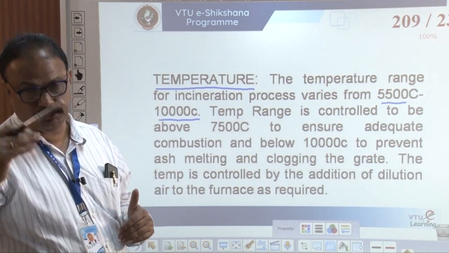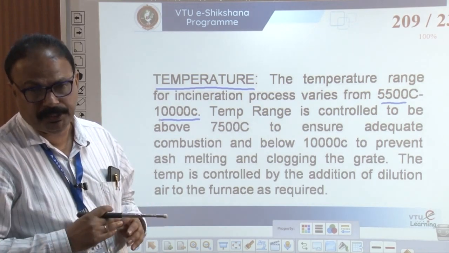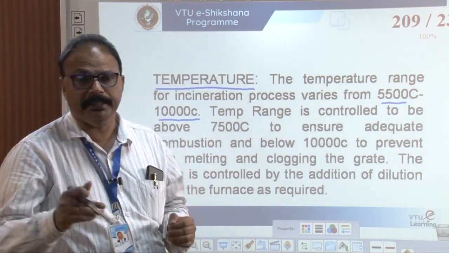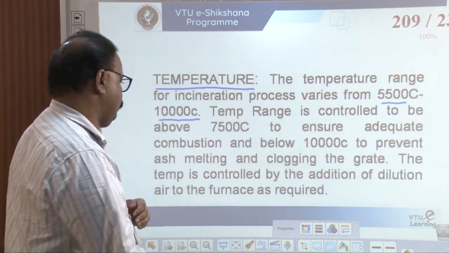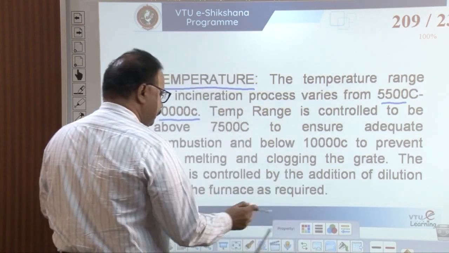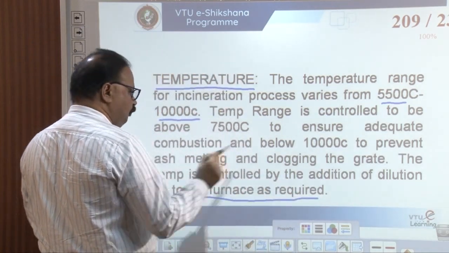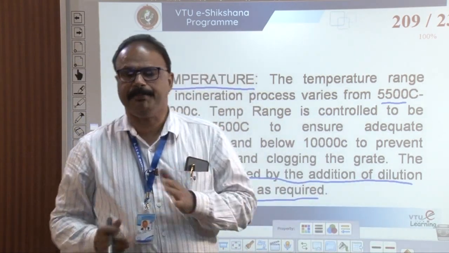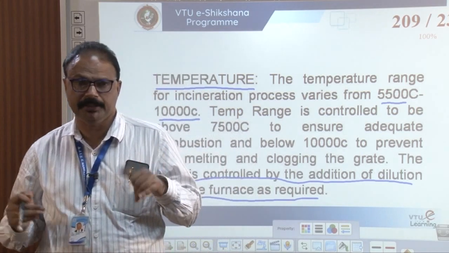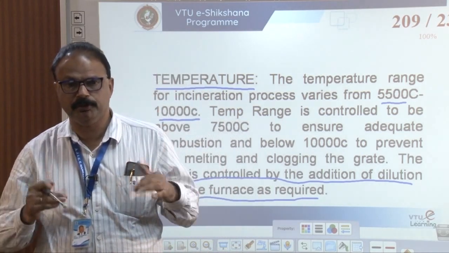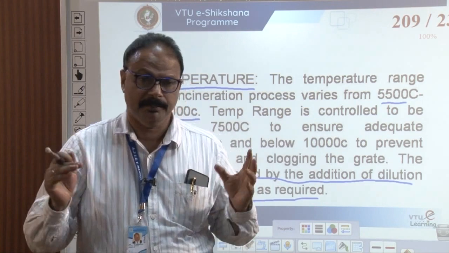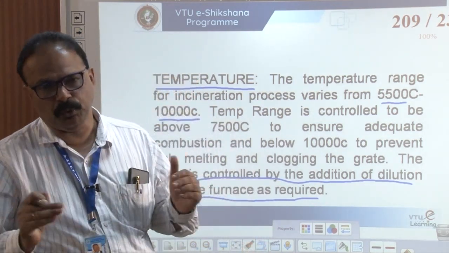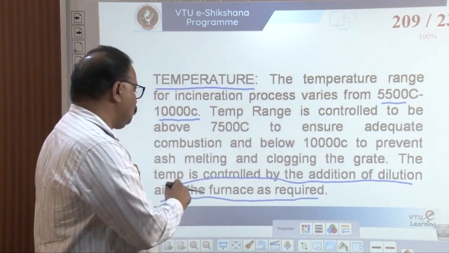If the temperature rises to 10,000 or above 7,500 degrees, it is controlled by adding dilution air to the furnace as required. If the temperature is higher than 10,000 or 7,500 degrees Celsius, melting and clogging of the grate take place, so the temperature should be controlled.